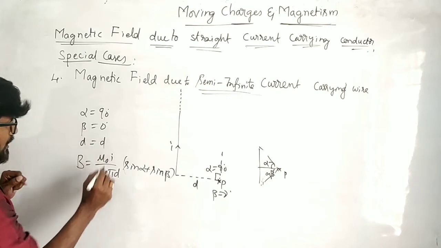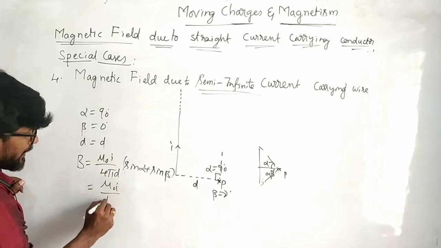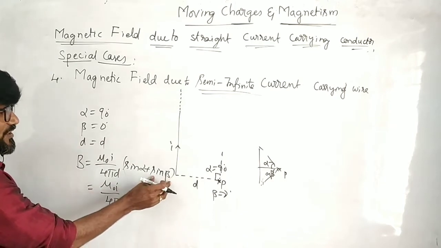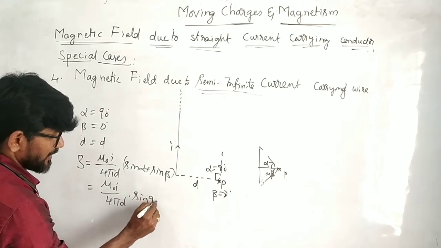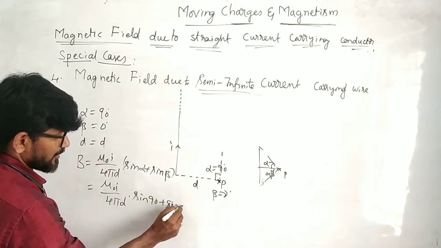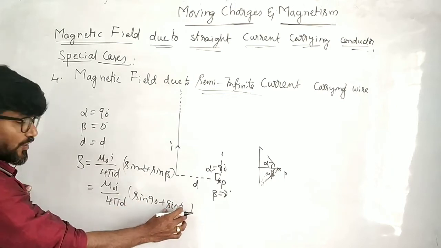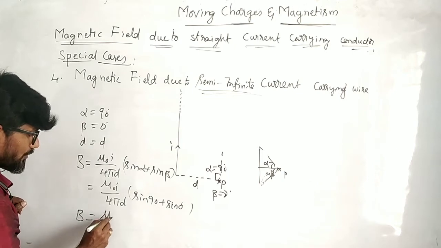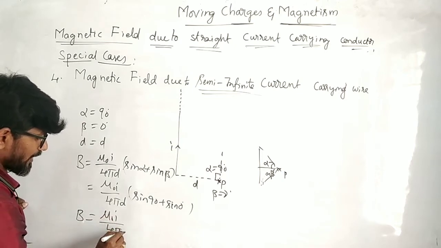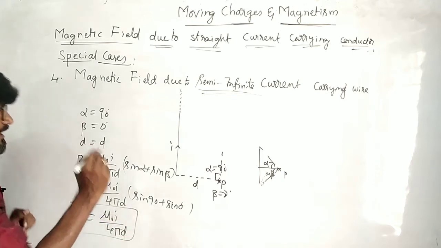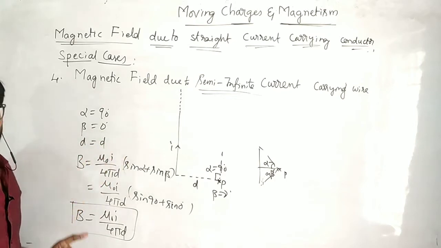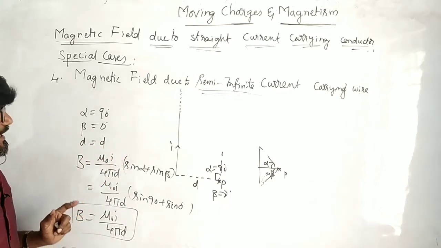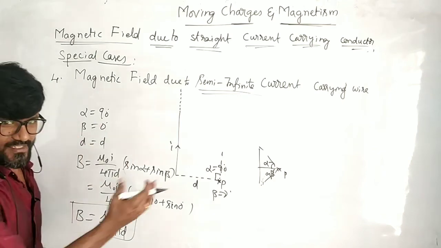So mu naught I by 4 pi d into sin 90 plus sin 0. Sin 0 is 0, sin 90 is 1. So 1 plus 0 is 1 only. So I will get B is equal to mu naught I by 4 pi d as the magnetic field due to a semi-infinite current carrying conductor. I hope it is clear. No confusion, right? Yes, let us see the next few examples.